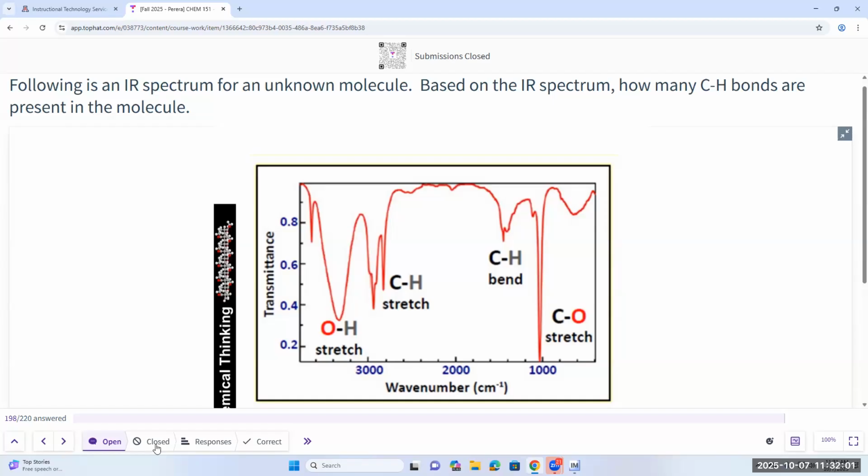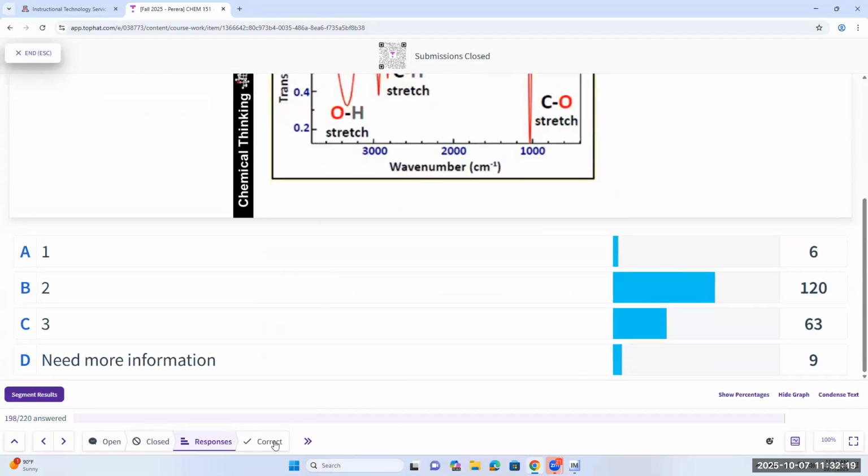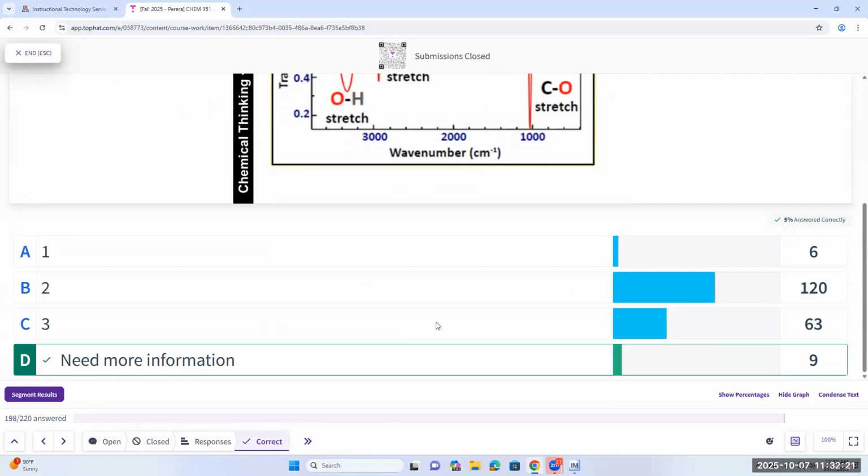That is it. Period. Right? An IR spectrum tells us what bonds we have in a molecule. That is it. It doesn't tell us how many. It tells us what bonds we have. That is all the IR spectrum can do. Therefore, the correct answer is not 2. It's this.